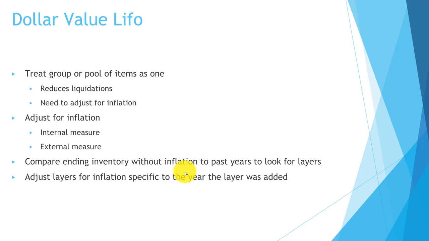And that layer is considered the layer for that year, and you multiply that layer by the inflation rate. Just that layer. So you have adjusted the underlying layers back to their original cost, and then you apply the new inflation rate only to the amount you added that year.